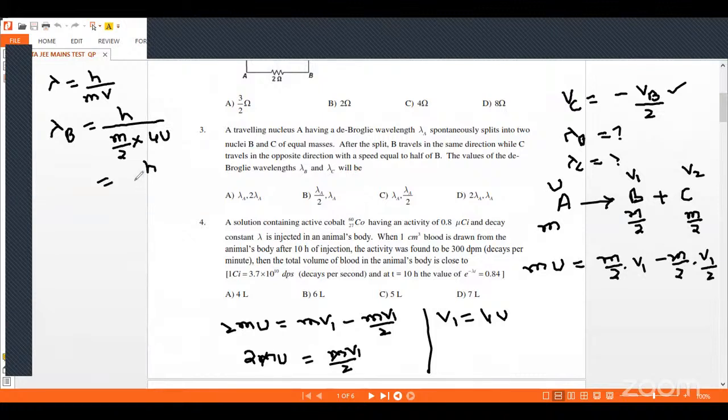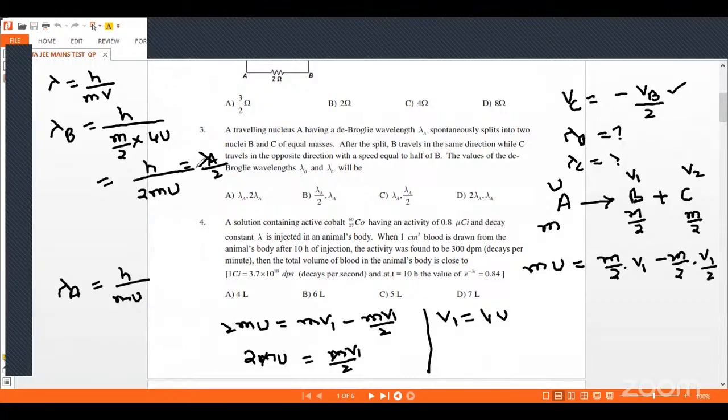So h by 2mu. Lambda a means h by mu. So I can say lambda b equals lambda a by 2.